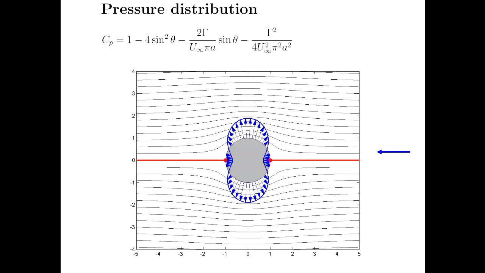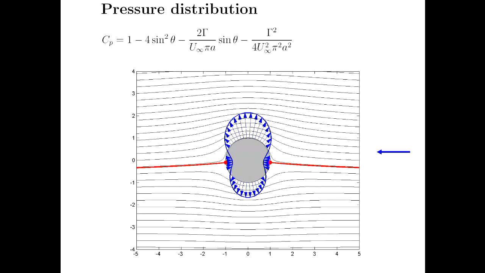Okay, so if I were to draw my streamlines and also plot the pressure coefficient on the surface of the cylinder, as you can see, when gamma is equal to 0, it's just a flow over a non-rotating cylinder.